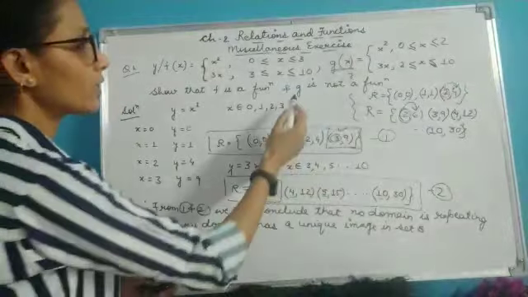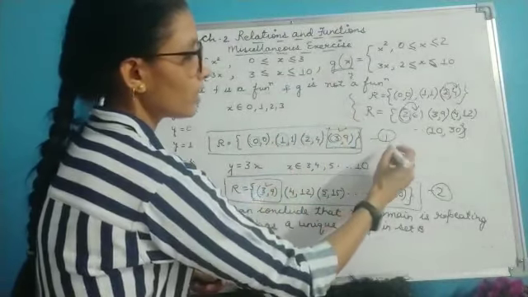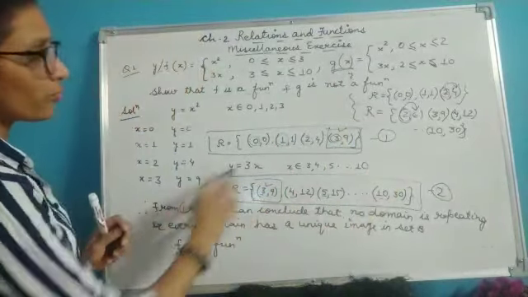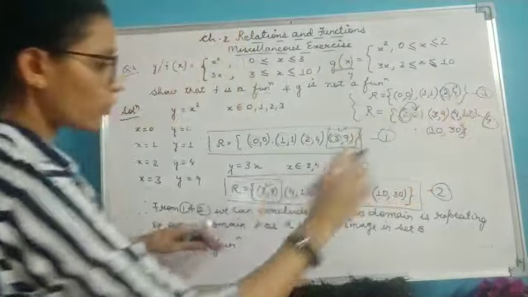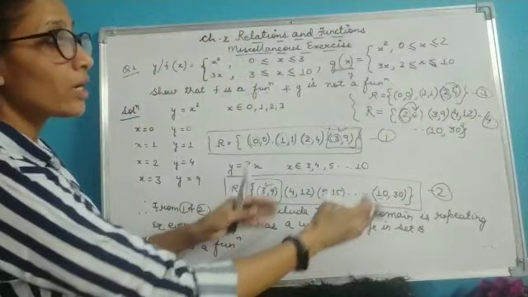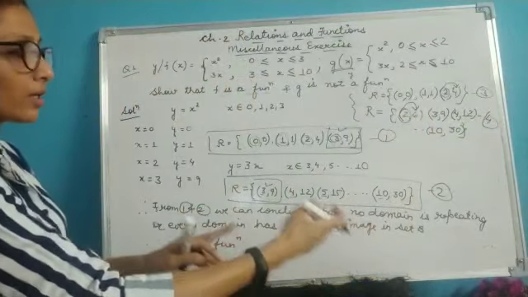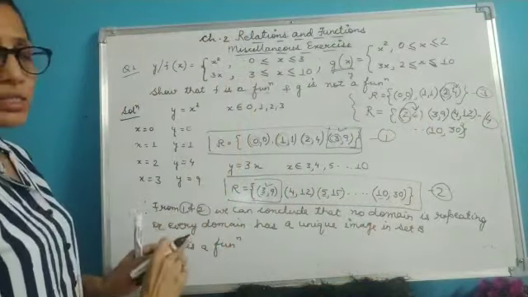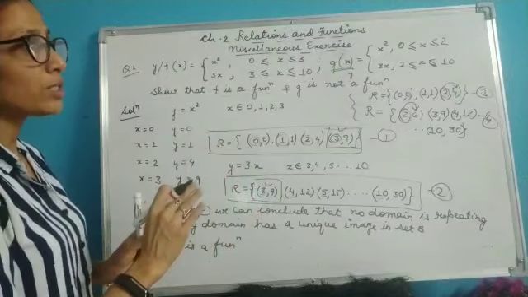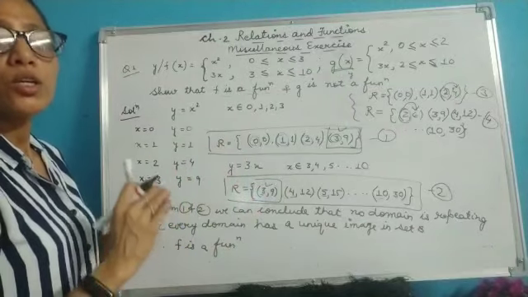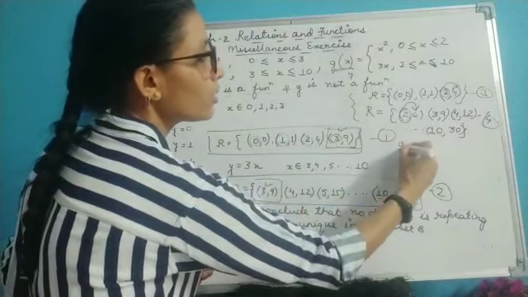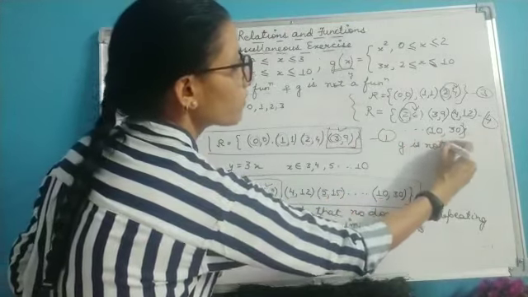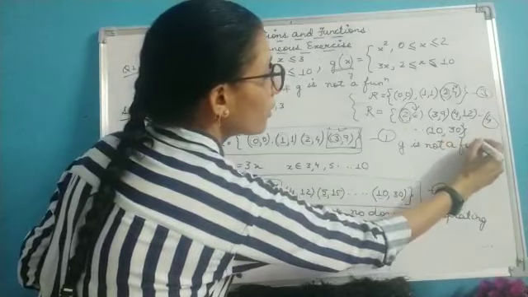Therefore we'll write the same line from 3 and 4: we can conclude that domain is repeating, or 2 has two images. That means it is not satisfying the uniqueness property. That's why g is not a function.